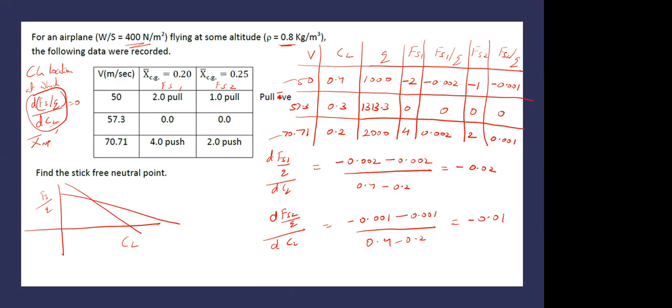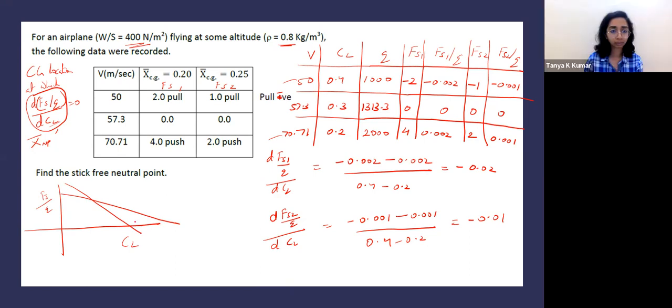And the point where FS is 0. The FS becomes 0 here also, right? Even if I were to take FS becomes 0, how do you find out the CG location? You only get CL, correct? How do you find out CG?